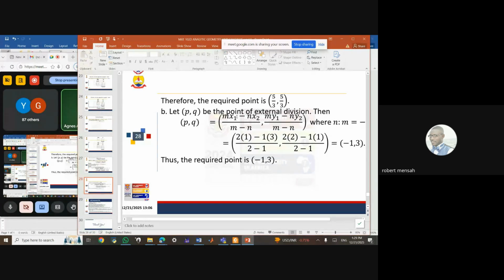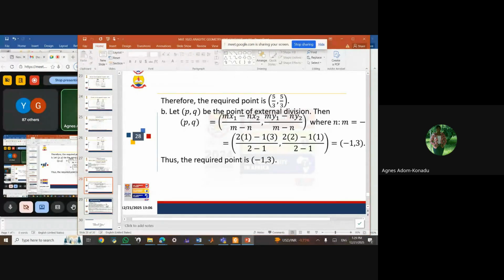Do you get me? Because the n is already negative, I will just write 1. I'm not repeating -1. So you write 1, then you have 2 minus 1. Then you simplify, and you're going to get -1, 3.